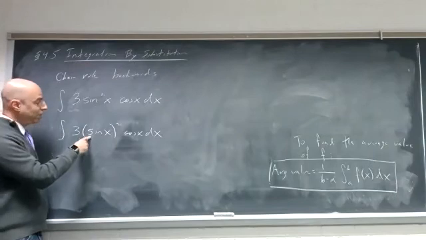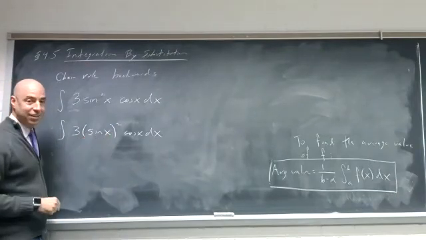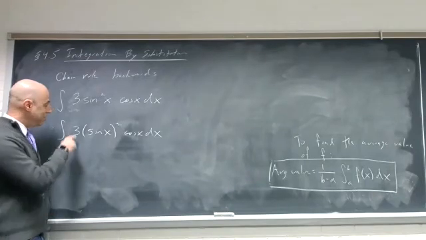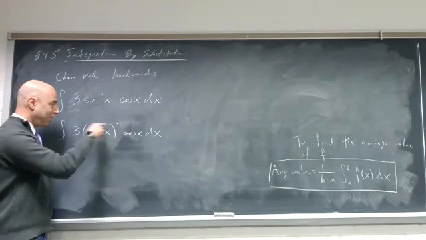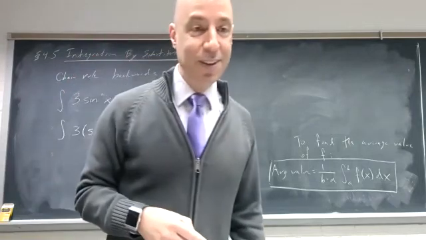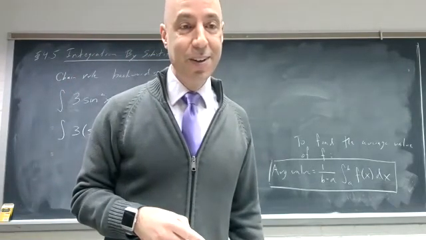Now it's unnatural to think backwards, but ask yourself, what was the original function? What was the original function that somebody took the derivative of using the chain rule to get that? This 3 and then the square up here, what does that come from?